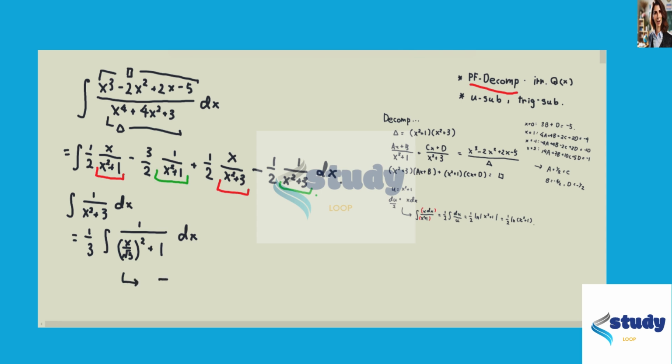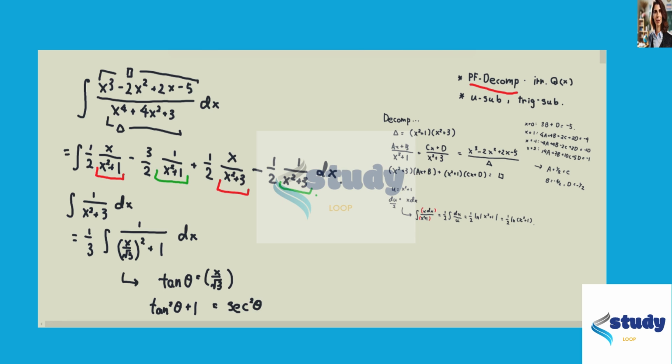And then we will do the trig substitution. Tangent theta is equal to x over root 3. So if we do tangent squared plus 1, the denominator becomes secant squared. Now, this is the part that's amazing.